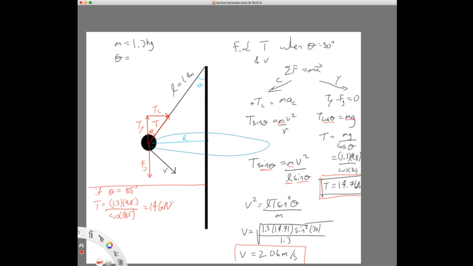So then V is going to be the square root of 1.5 times 146 times the sine squared of 85 over 1.3.